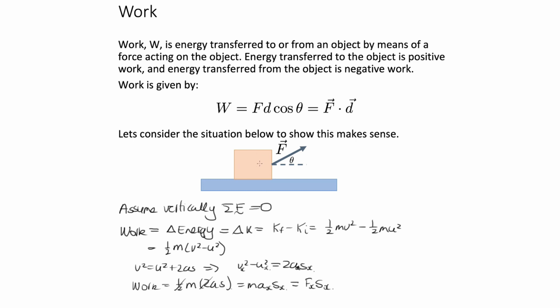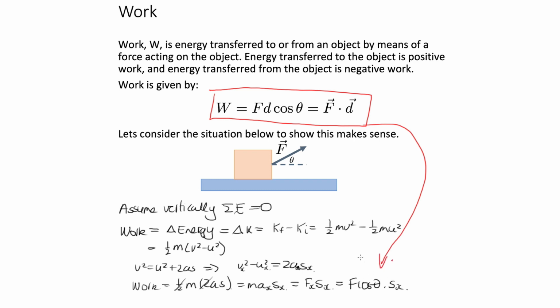And now in the case when there's no friction or anything, then the only force acting in the horizontal direction is the F force, the Fx. So the x component of the force here is F cos theta, and that's times the distance it goes. So we've shown that this equation here applies at least to this case, if the change in energy is just a change in kinetic energy, which makes sense.